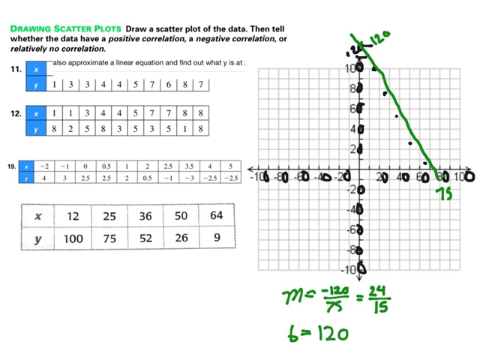And so that is your slope, negative 24 over 15. So our equation would be y equals mx plus b, or y equals negative 24 over 15 x plus 120.